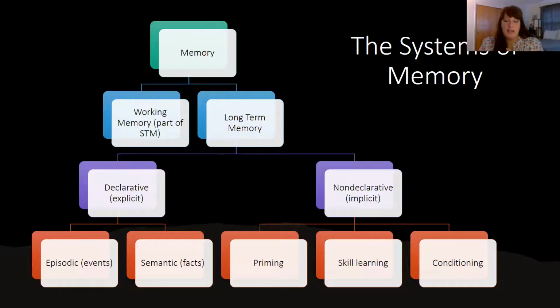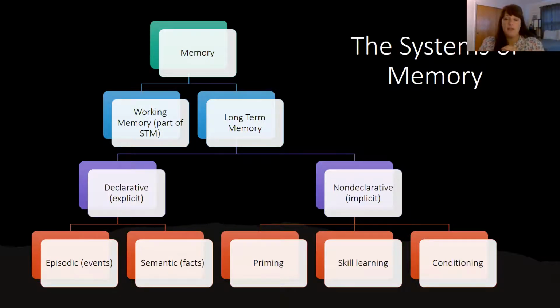Think about when you're standing at a checkout and you pay cash for something and you try to calculate how much change you'll get back. That is how we use working memory. It's how we manipulate information, but it is still part of short-term memory, because if we get interrupted at some point while we're thinking about what change the cashier owes us, we can forget that information very quickly. So we're going to focus on working memory and long-term memory for the purposes of what we really need to know now.